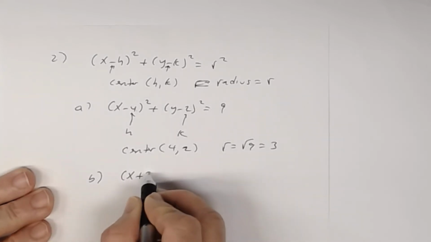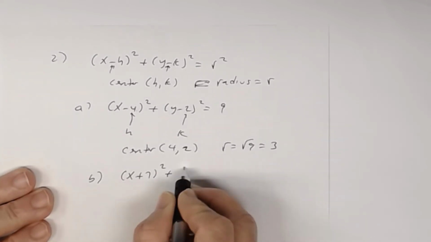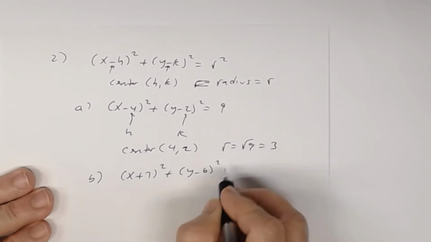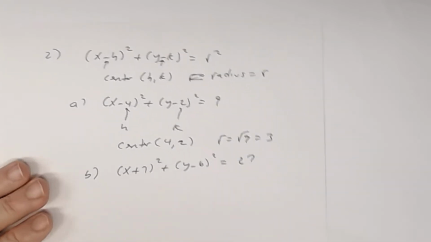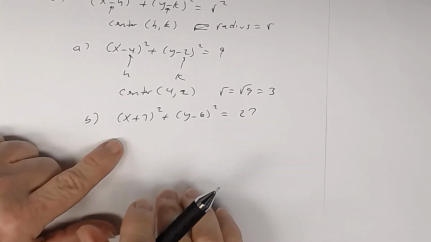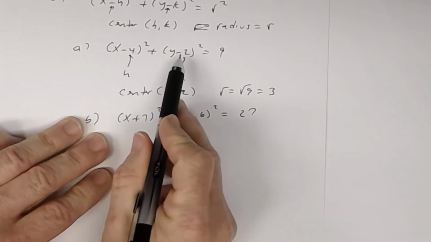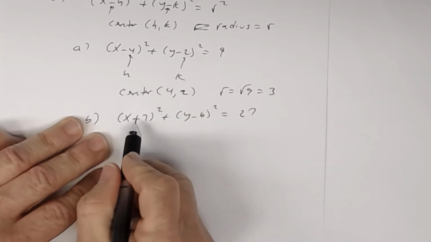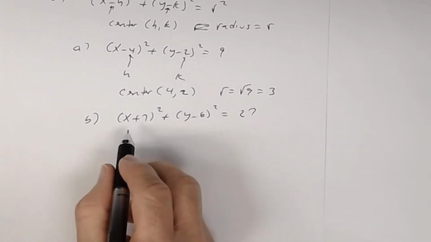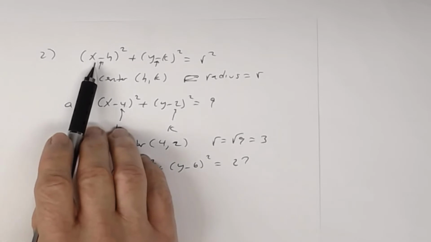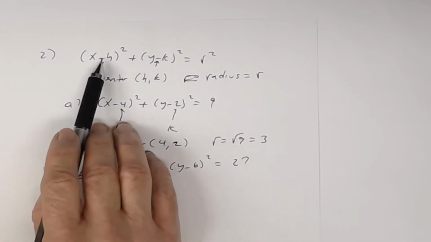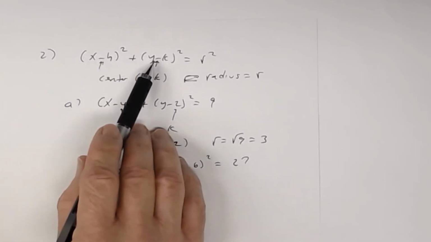B, let's look at B. You have x plus 7 squared plus y minus 6 squared equals 27. Okay, now listen carefully. You see right here, I had x minus, y minus, right? Here I don't. This says x plus, so be careful. Remember, the equation of a circle, to find h, k, you got to think x minus, you got to think y minus.